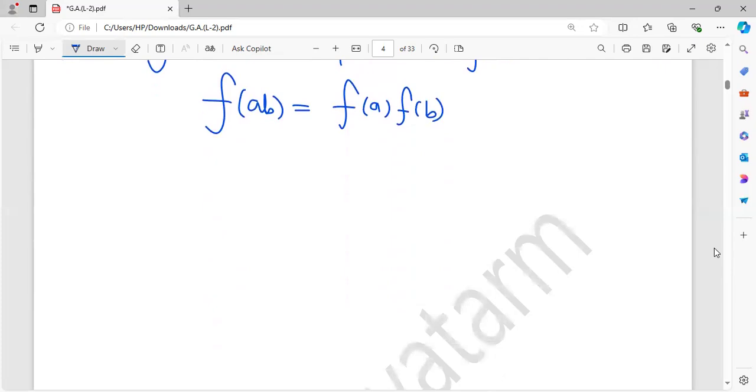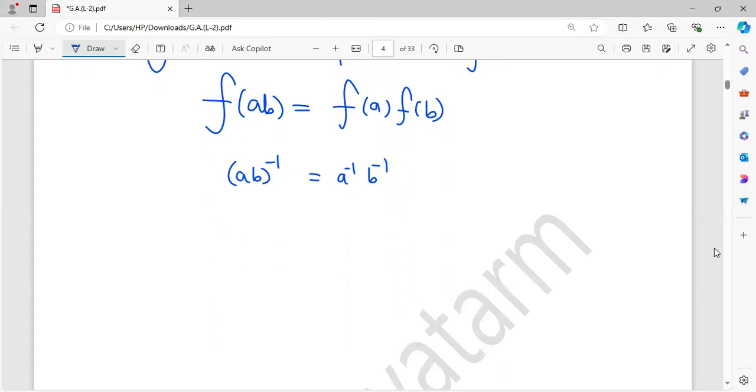Now, what is this? This is F of AB. What is this? This is AB inverse. And what is this? A inverse, B inverse. Okay.